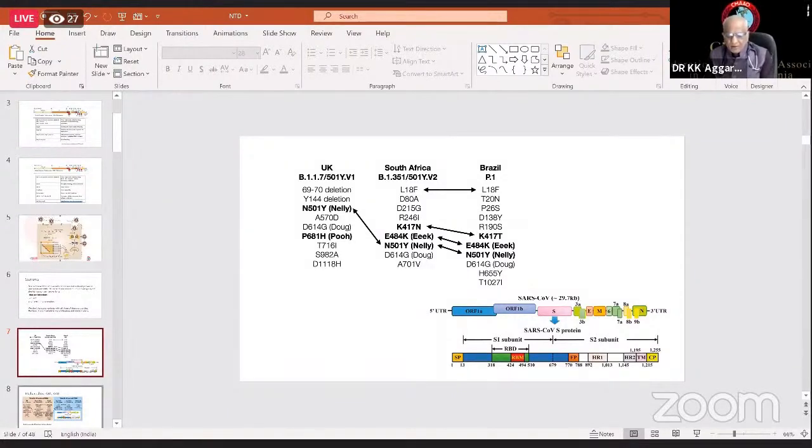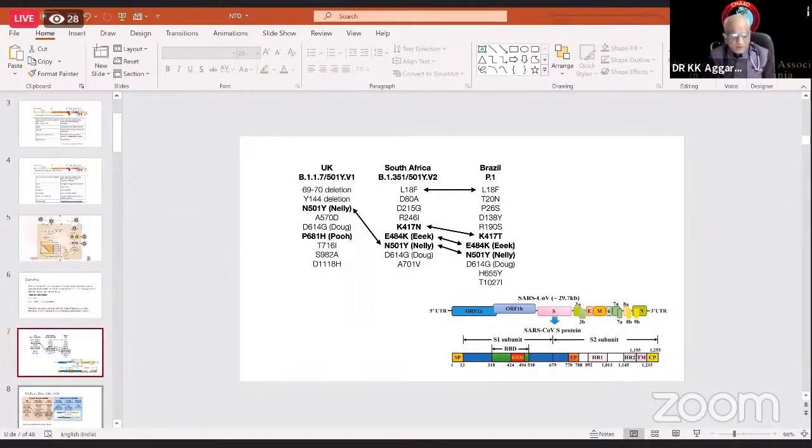That is again in NTD. Nowadays, NTD is becoming more important than RBD and RBM, because the N-terminal domain is the area for deletion. Most of the deletions of amino acids will occur in the NTD portion.